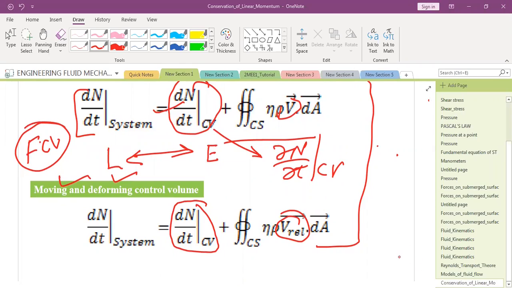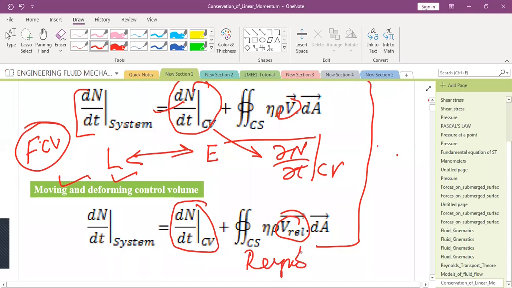So this is the Reynolds transport theorem. And if you remember, when we were applying conservation of mass, what was capital N written as? Small m.